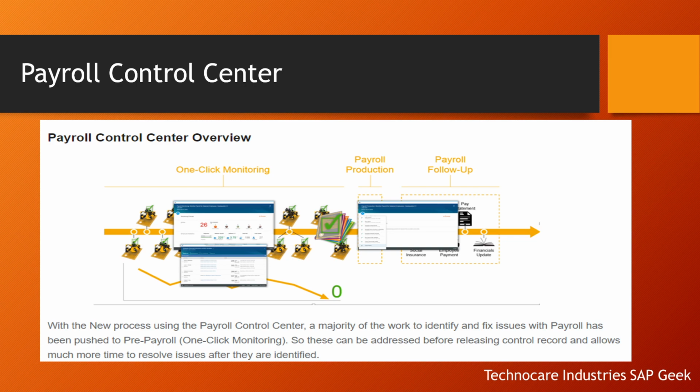Once administrators have resolved all these alerts throughout the period, by the time it comes to running the productive payroll, the alerts would already be zero. Then we'll just be running payroll and completing the follow-up activities like social insurance, tax, employee payments, pay statements, and so on.